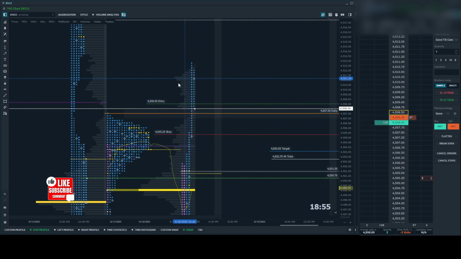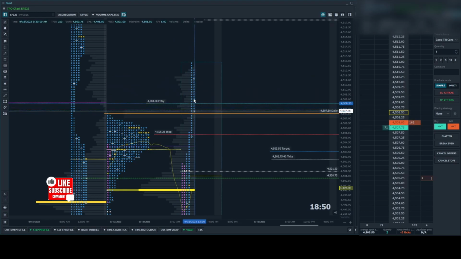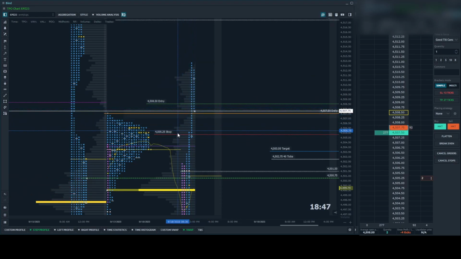You can see the separation in these nodes right here. It might come down and test this area, but we want to see rejection out of this. We don't want to see acceptance down into this node.